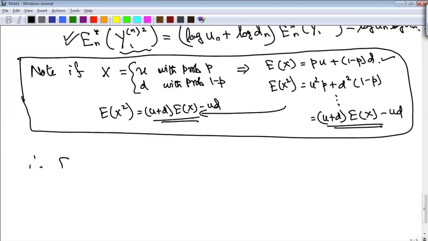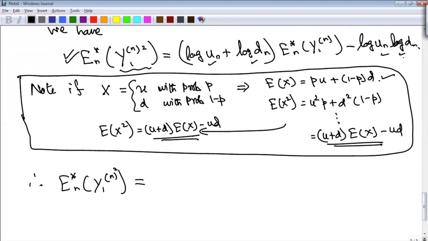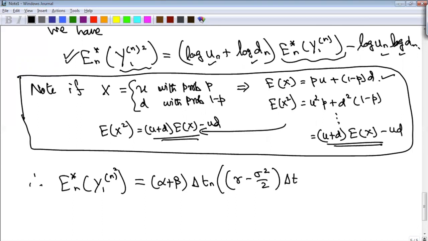So E star n of Y1 square can be written as, I'm just putting the expressions for these things. Okay, so you have alpha plus beta delta tn into, we know this, just now we have calculated, I can put that here, r minus sigma square by 2 delta tn plus some expression which goes slightly faster than delta tn.